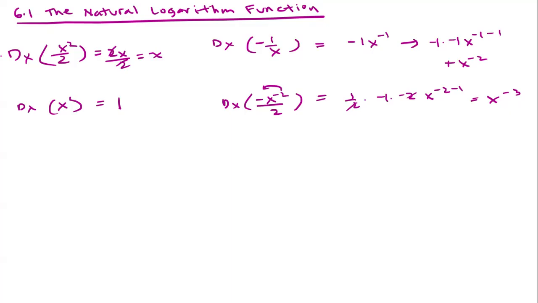So can we find a term that, when we take the derivative of it, produces x to the -1 power? Can you think of a term that produces x to the -1 power based on what we are doing here?